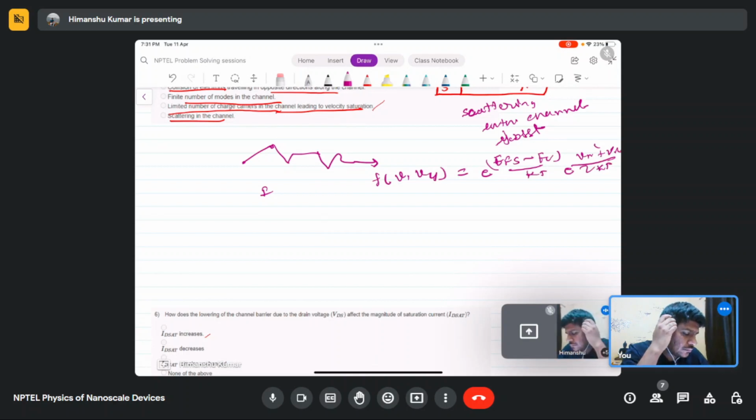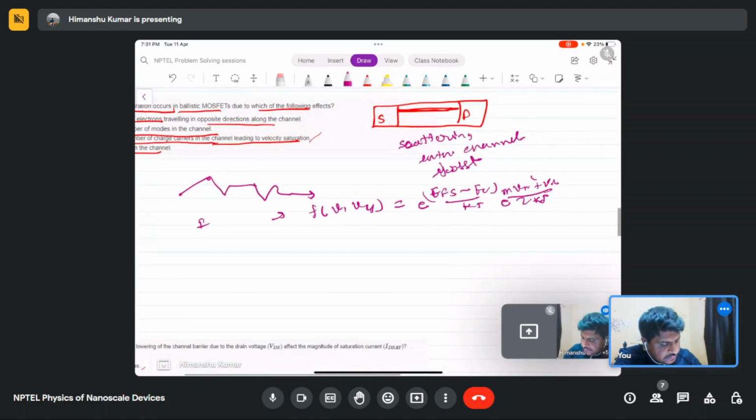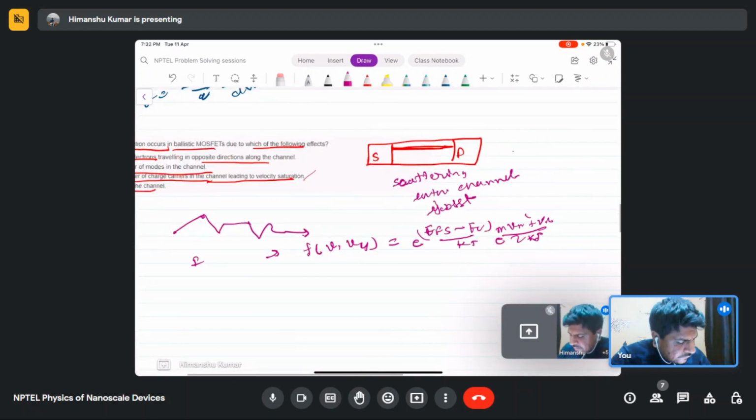The m times Vx square by twice kT. And this was the positive direction. When we pull down this barrier, some electrons are moving in the positive direction, others in the negative direction.